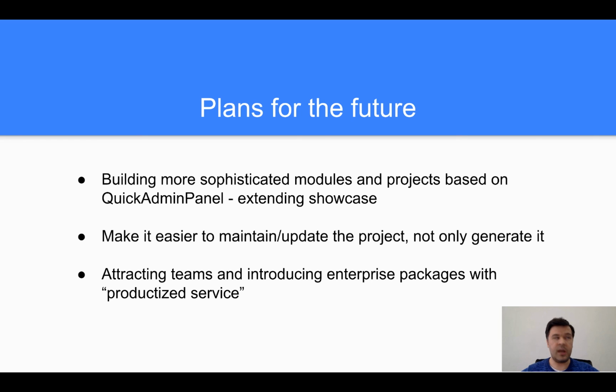So QuickAdmin could be used by a team of like 50 developers, and the company would be a customer as a team, providing 50 developers their credentials, and then integrating possibly into their workflow, including GitHub as well.